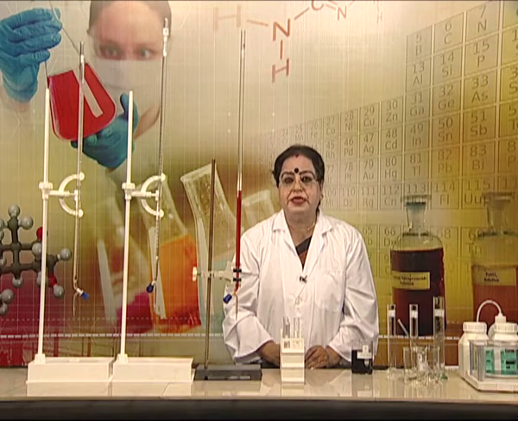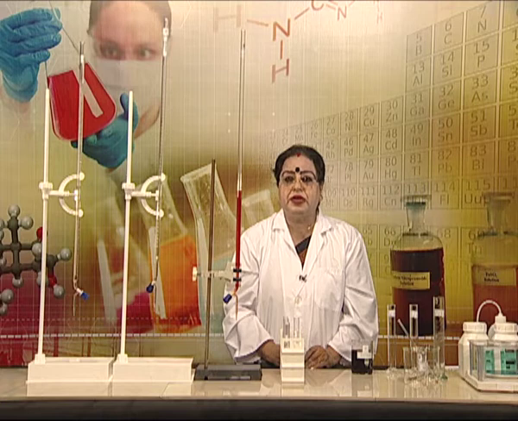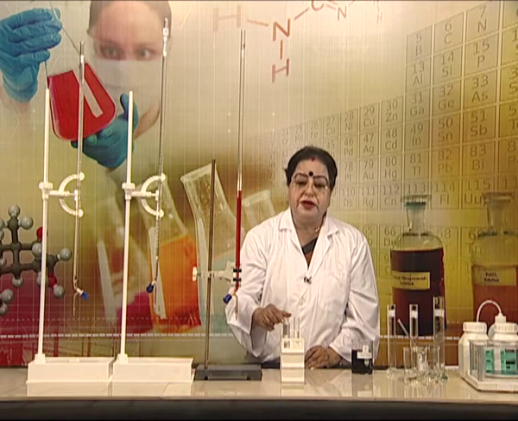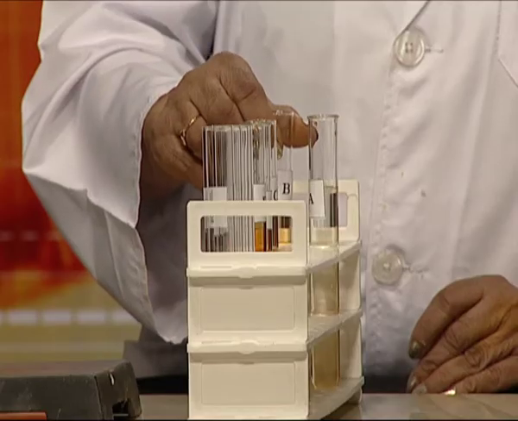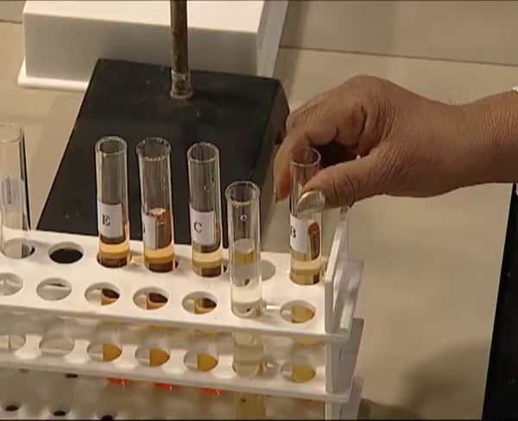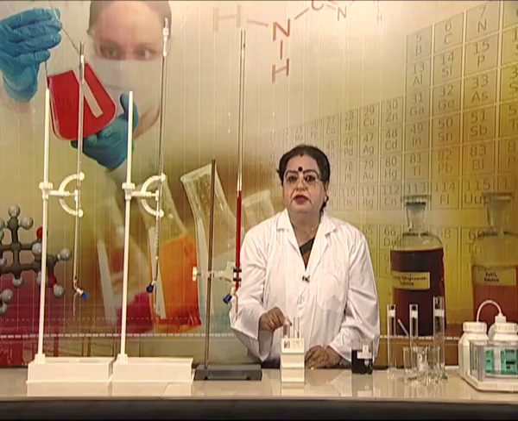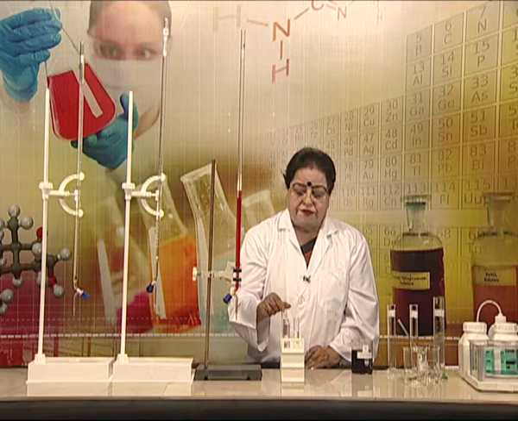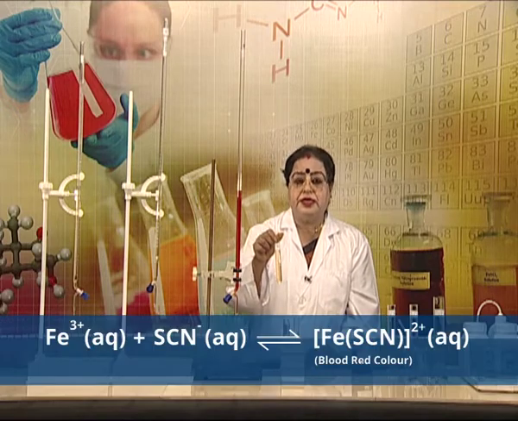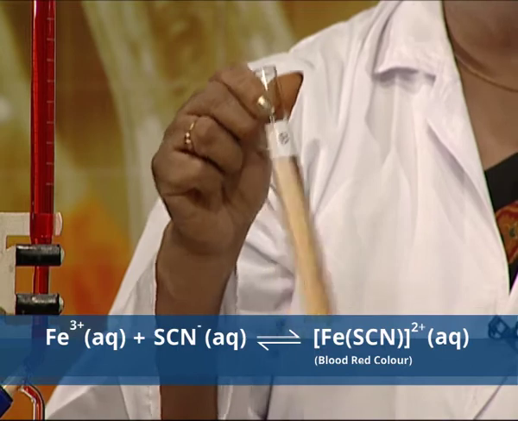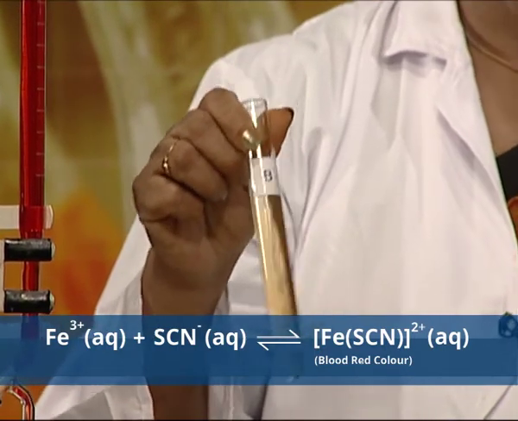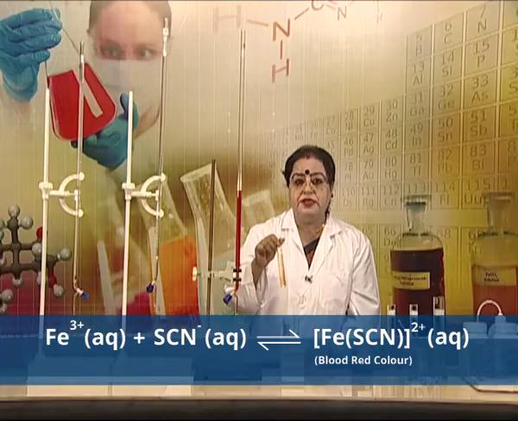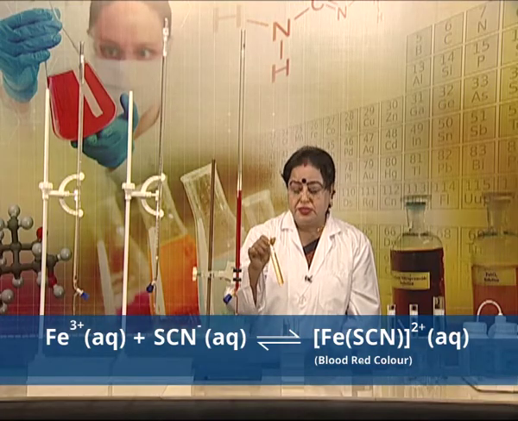So what has happened exactly is that when we add Fe3+ ions to an equilibrium mixture, the additional Fe3+ ions shift the direction of the reaction towards the forward side. That means more FeSCN2+ ions are being formed, and these ions are colored, changing the shades of the contents of these test tubes.